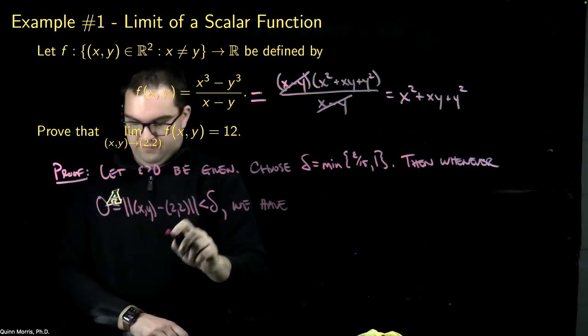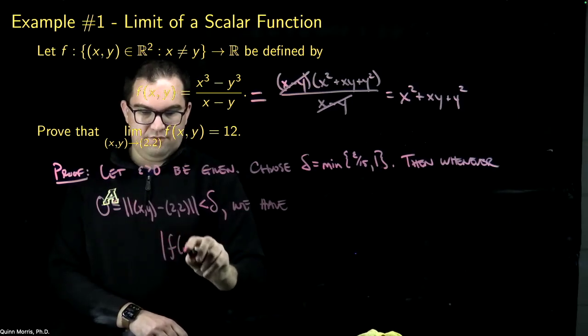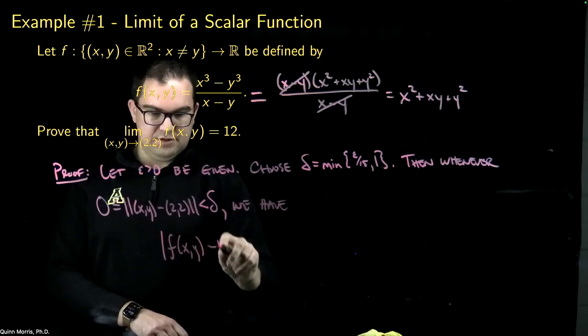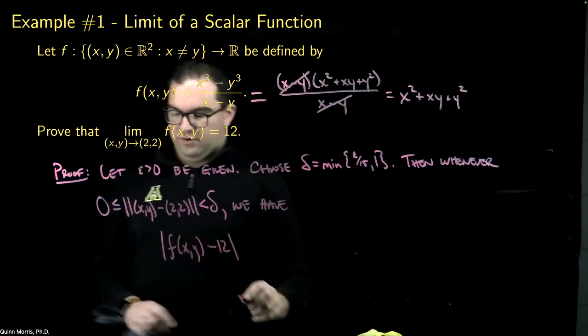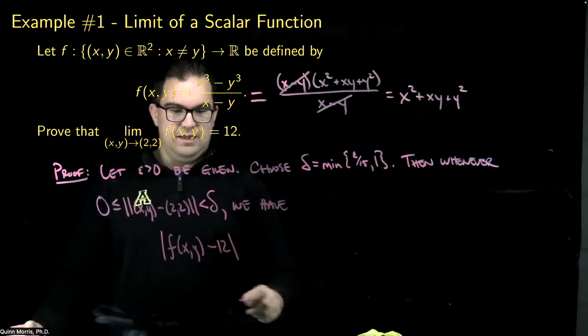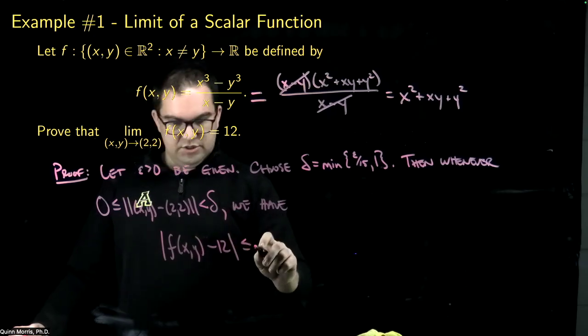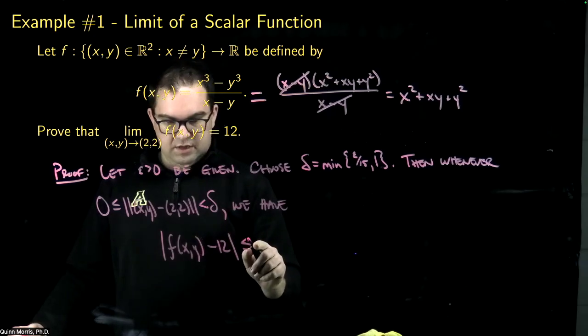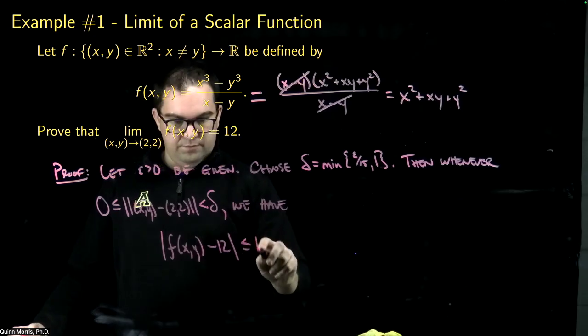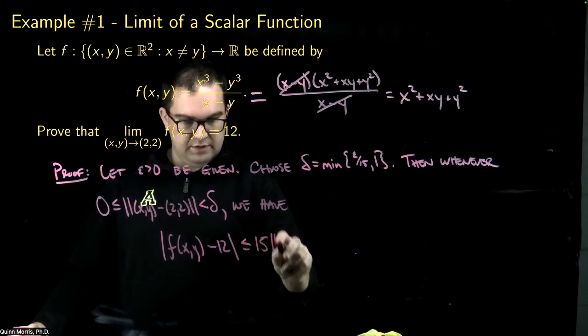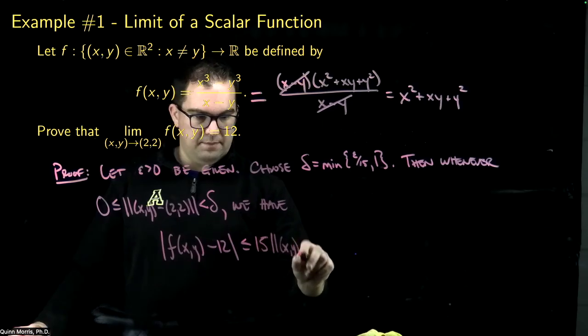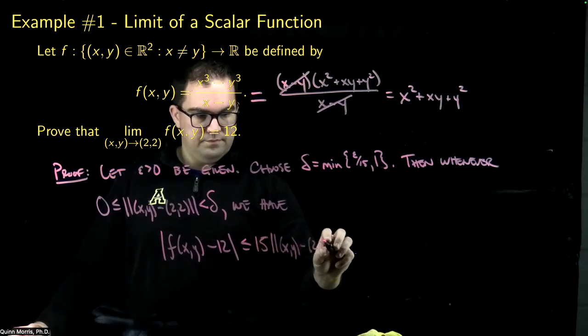we will have that the absolute value of f of (x, y) minus 12. Now, I'm not going to rewrite out all that same calculation, right? But essentially, you'll be able to do that same calculation to get that this is less than or equal to 15 times the norm of (x, y) minus (2, 2).